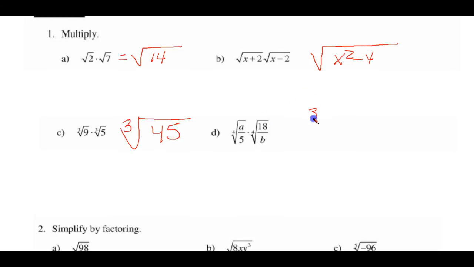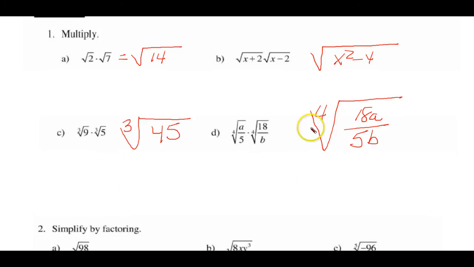And here, under a common radical sign, with index number 4, we have 18a over 5b.